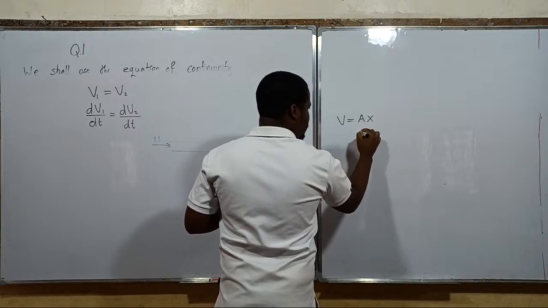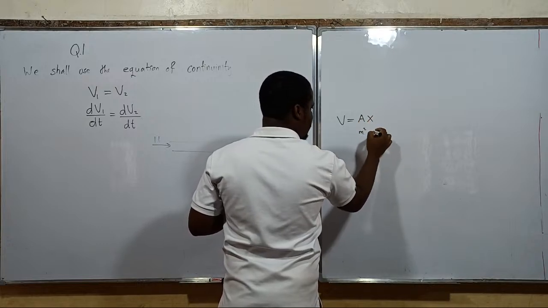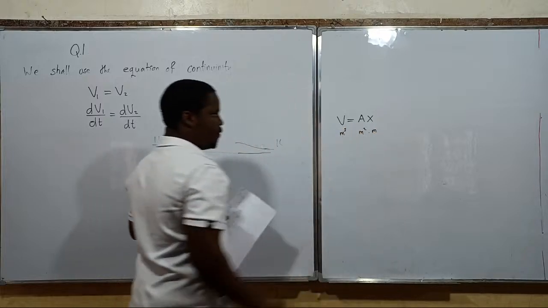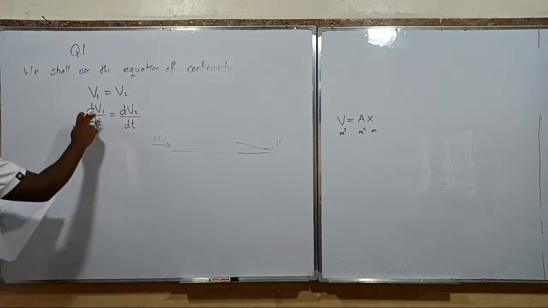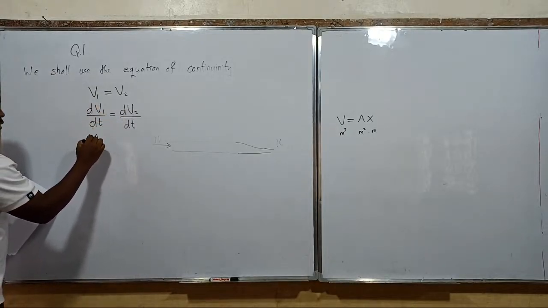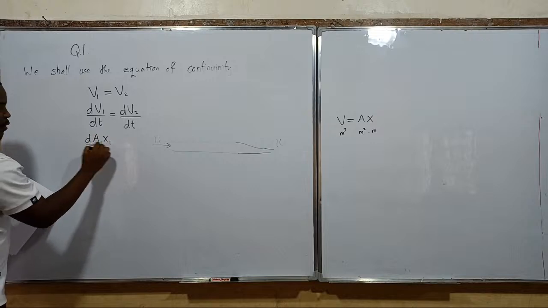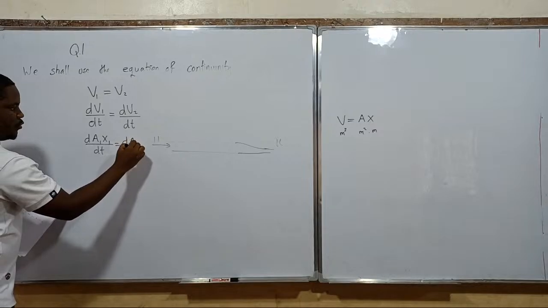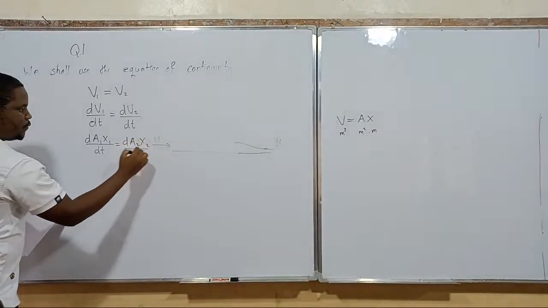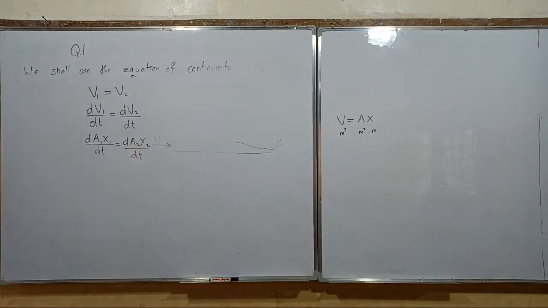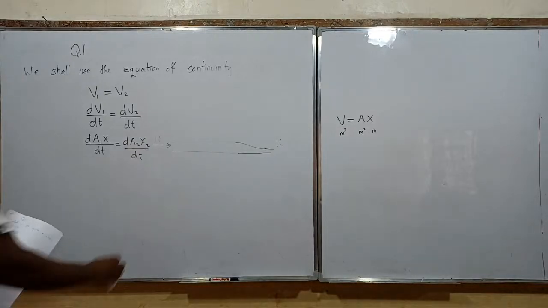Remember, area is measured in square meters, distance is measured in meters. Multiply the two, we'll have volume. So where there is V, we're going to replace with Ax. So the change in A1 x1 over dt is equal to the change in A2 x2 over dt. dt just means over a certain period of time.